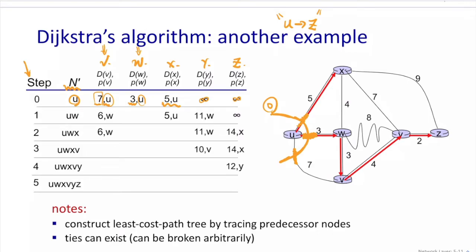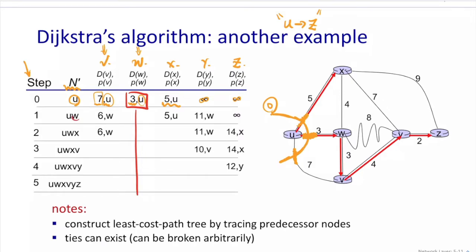Okay, so next step is that you simply select the smallest value right here. 3 is the smallest one, right? So draw this one, and that is W, right?